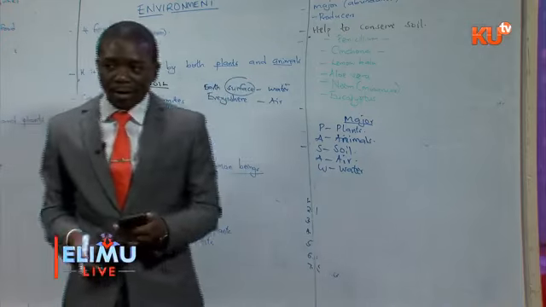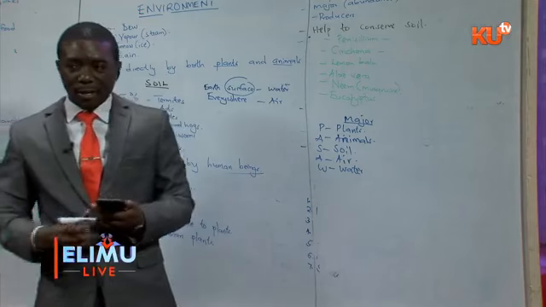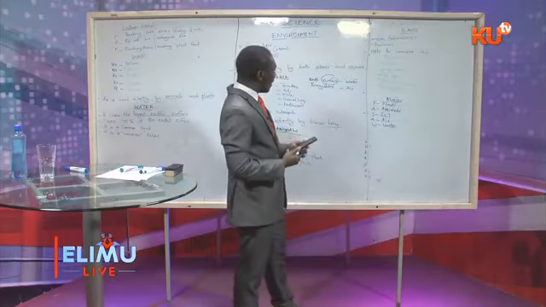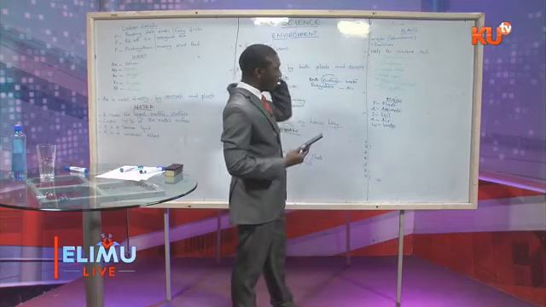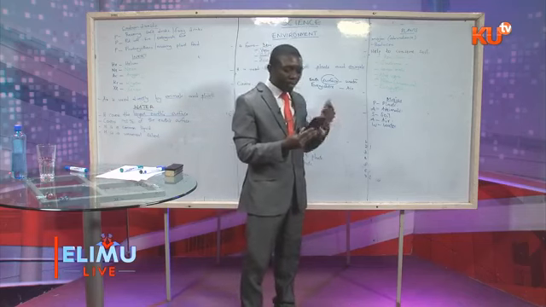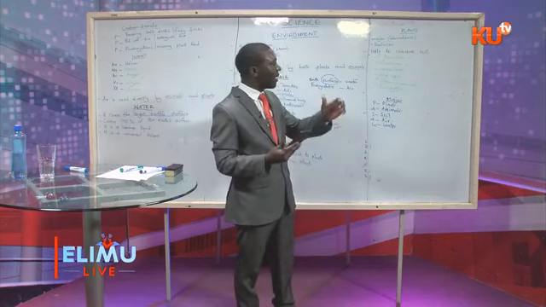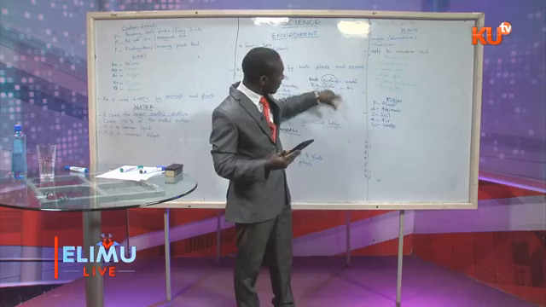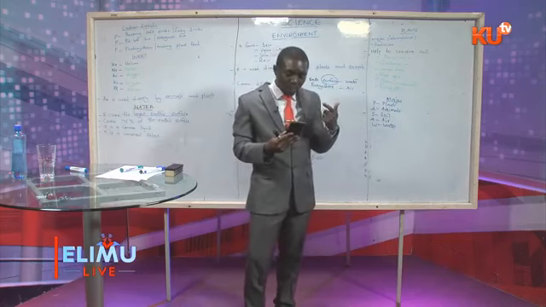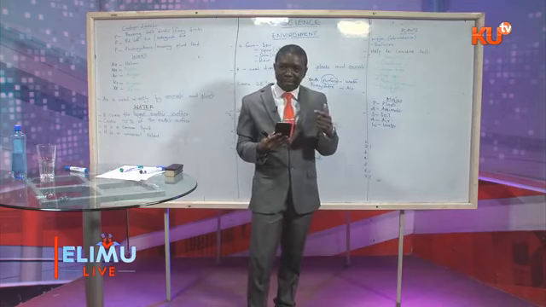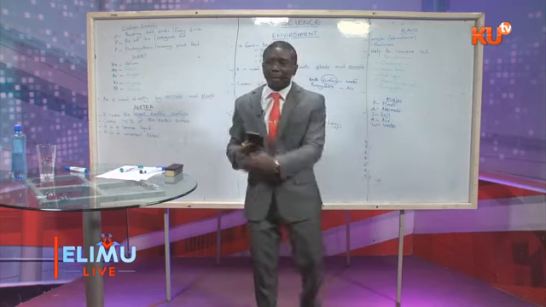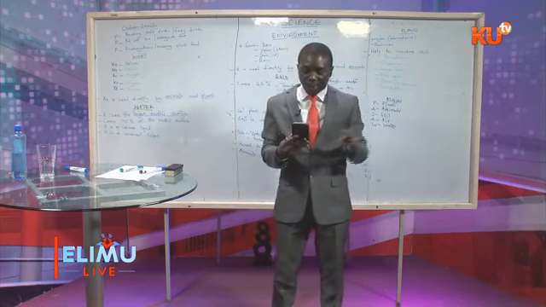Remember I said water is the one that separates the continents, so water covers the largest part of the Earth's surface. But if you ask which component covers the largest part of environment, we go for air, because it is found everywhere in all other components.